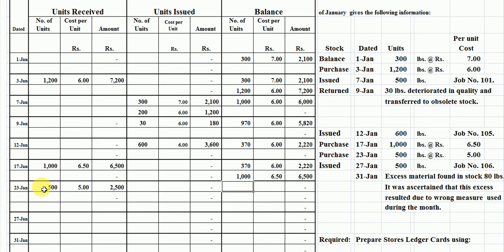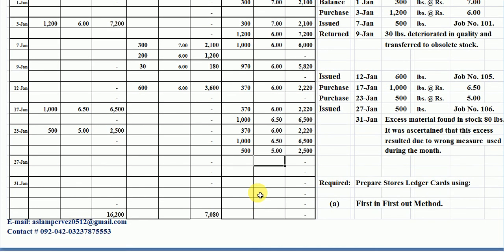Now we again record our purchase in the units receipt column. We record our inventory: 370 pounds at 6 per pound, 1000 pounds at 6.5 per pound, and the current purchase of 500 pounds at 5 per pound. Students, this is our current inventory card.